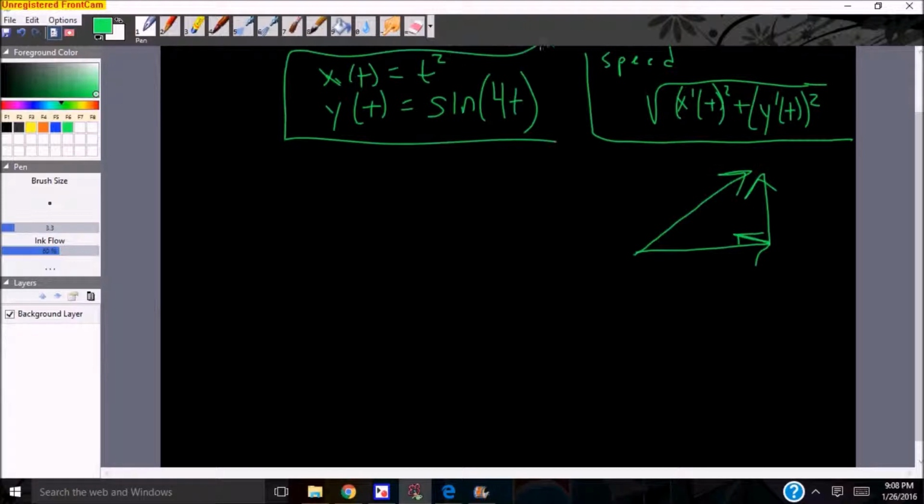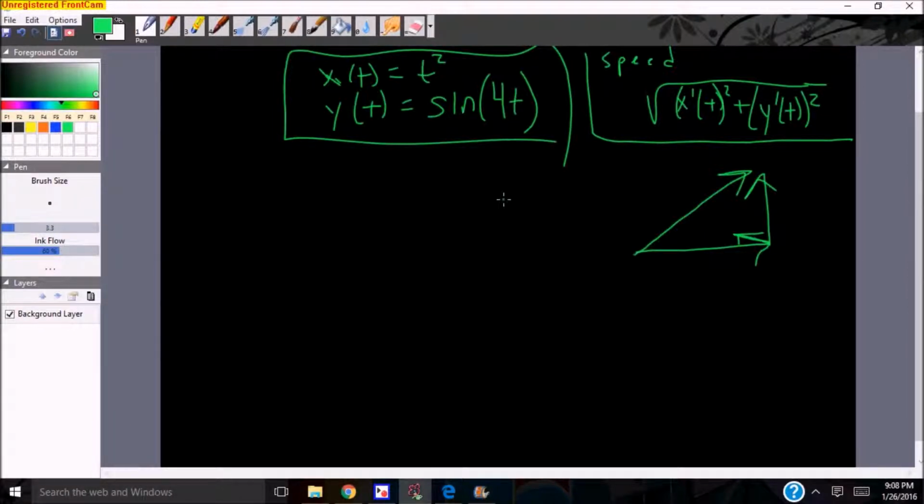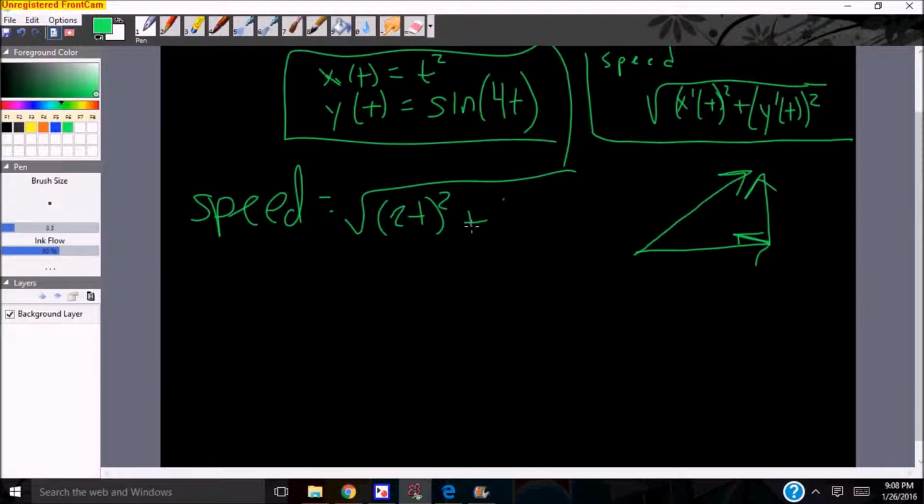So I have an example here. First we're going to get the equation for speed, and then we're going to see if we can find it when time is 3 seconds. Our speed of our particle is going to be found by the square root of the derivative of x, which is 2t, squared, plus the derivative of y, which is 4 cosine of 4t, all squared.